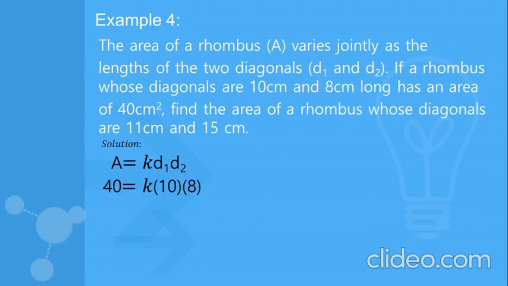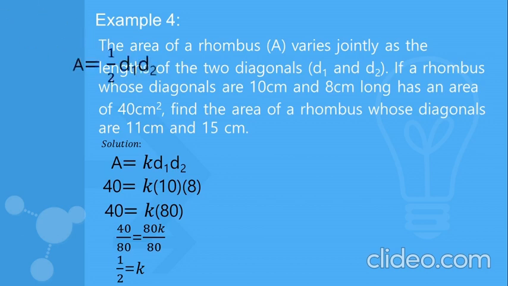By substitution, 40 is equal to k times 10 times 8. 40 is equal to k times 80. 40 is equal to 80k. Then we divide both sides by 80 to solve for k. Therefore, k, or the constant of variation, is 1/2.